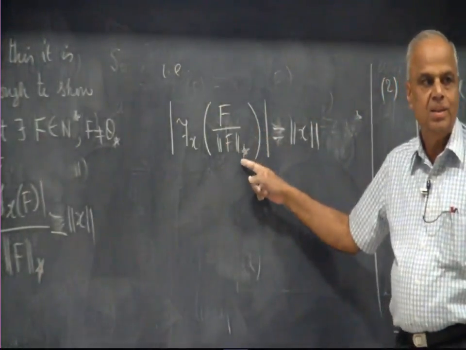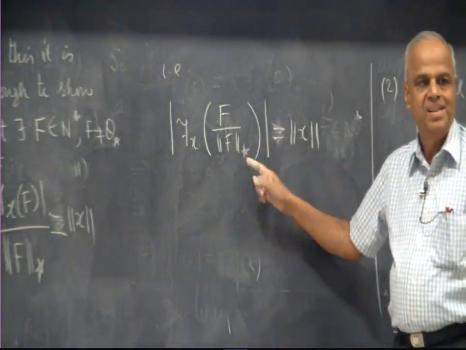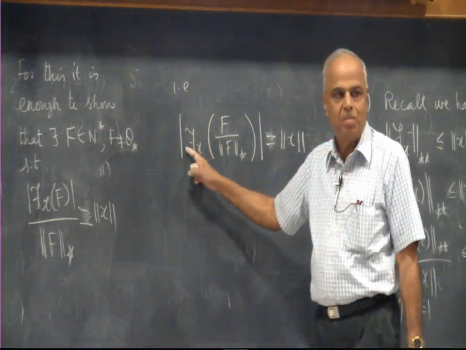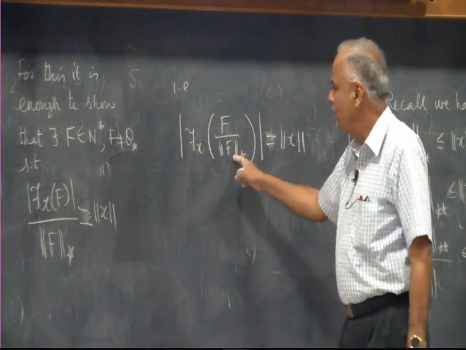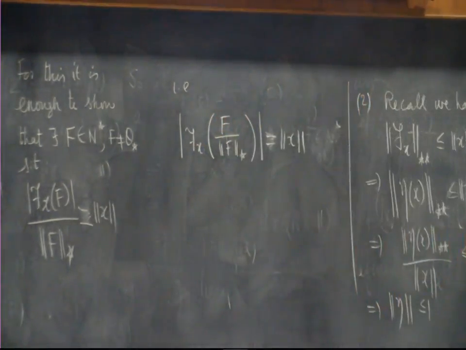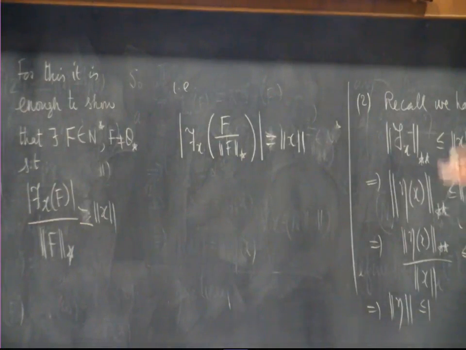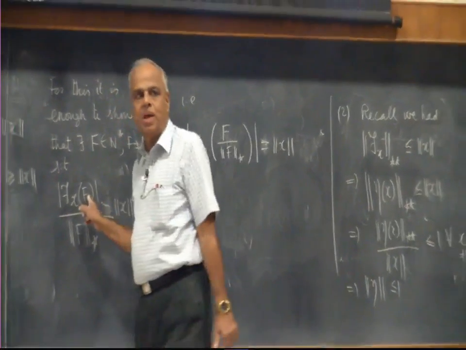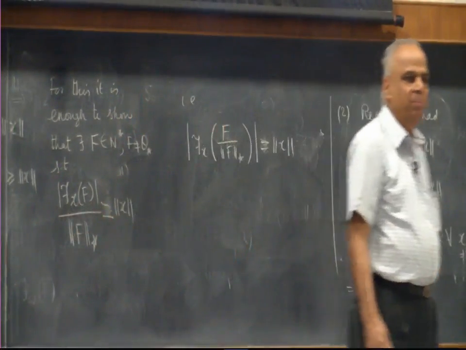Do you agree with this? Fx is linear, therefore constants can be pulled out, and since the modulus is positive, it will come in the denominator. So the fact that Fx is linear means constants can be pushed inside and outside as you like. So this 1 over this constant can be absorbed here. So what am I trying to do?